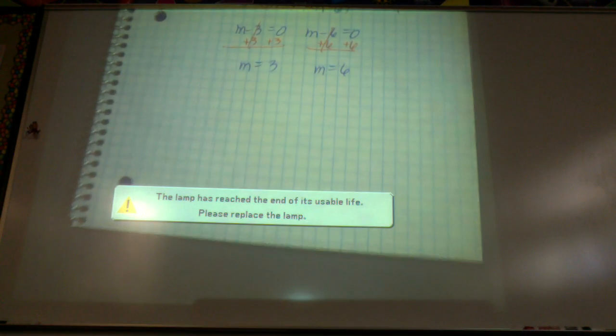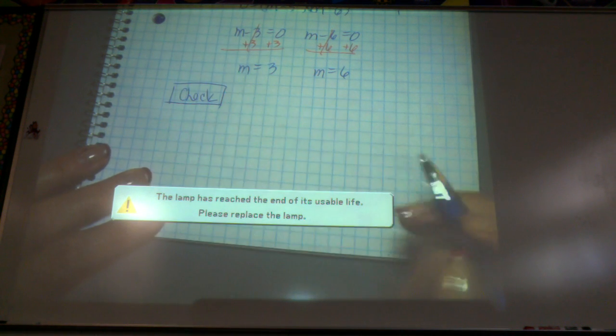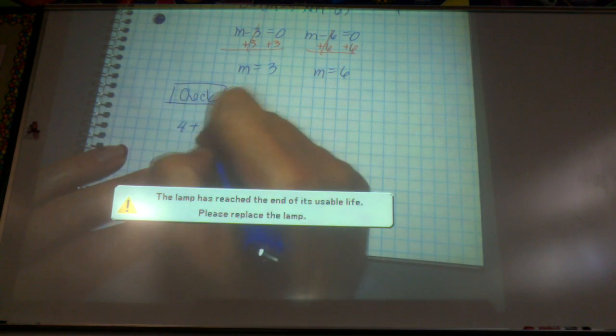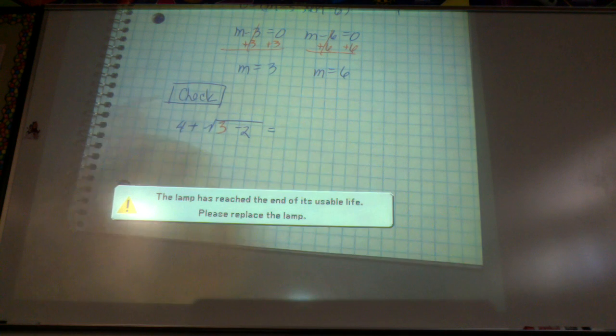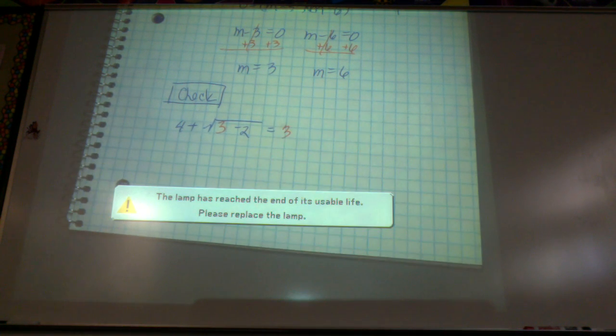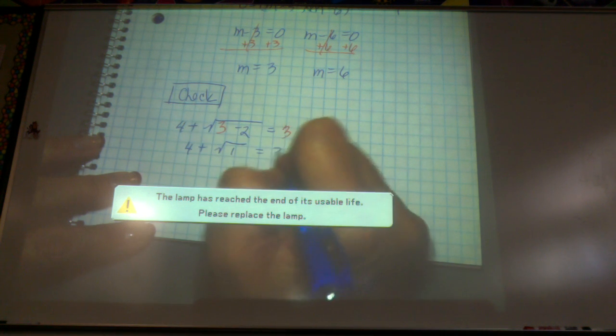So check, check. So in the original problem, I've got 4 plus the square root of, instead of m, I'm going to try out the 3, minus 2 equals, and I have another m, so I'm replacing that also with 3. 3 minus 2 is 1, so I have 4 plus the square root of 1 equals 3.